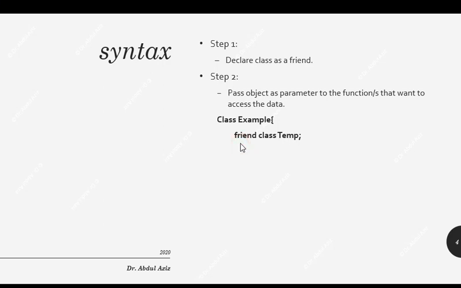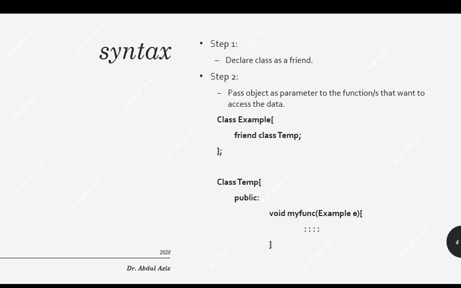The syntax of declaring a class as a friend uses the friend keyword, then the class keyword, and the name of the class which we want to be a friend of this particular class Example. So we have declared Temp as a friend class in the Example class, which means the class Temp can now easily access the data that is stored in class Example.